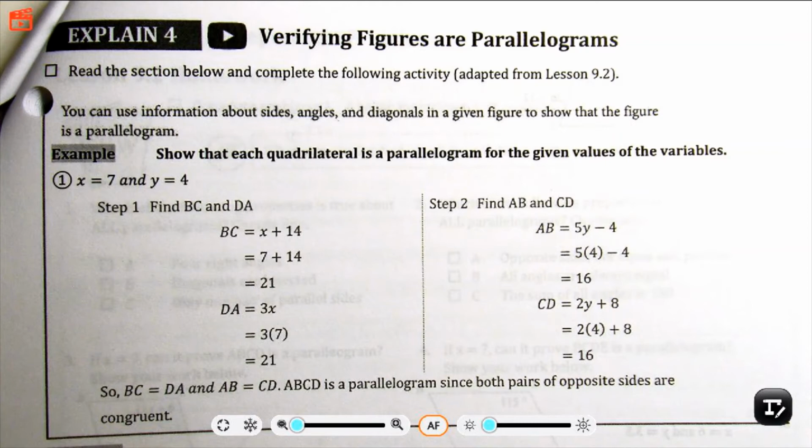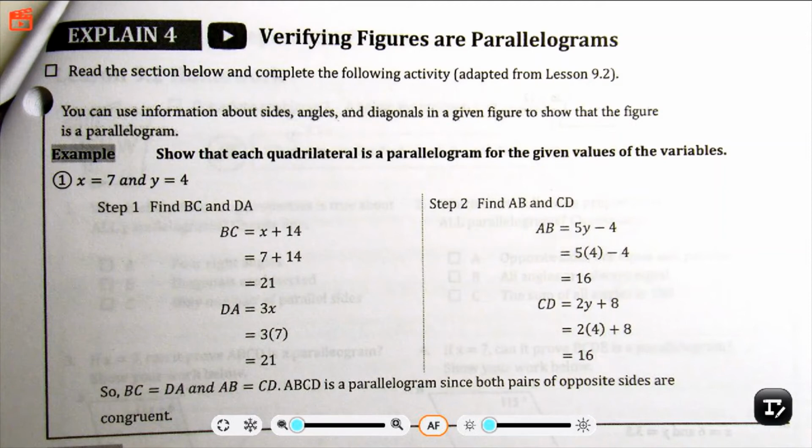Let's find out what QP is, and let's find out what RS is. So QP is equal to 7A, and A is 2.4. 7 times 2.4 is 16.8. So QP equals 16.8.